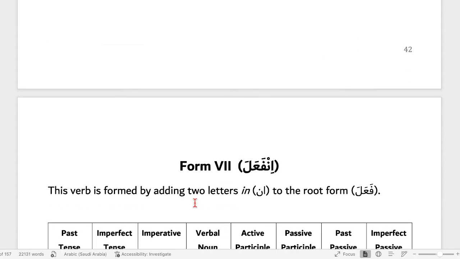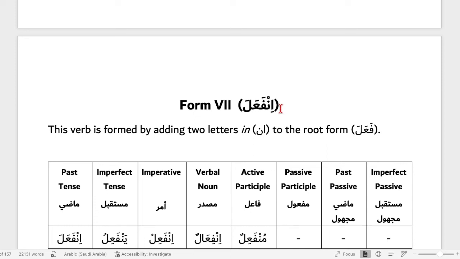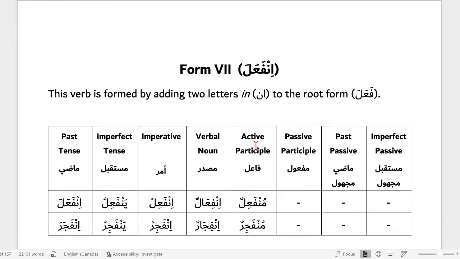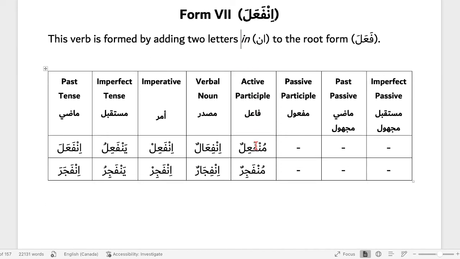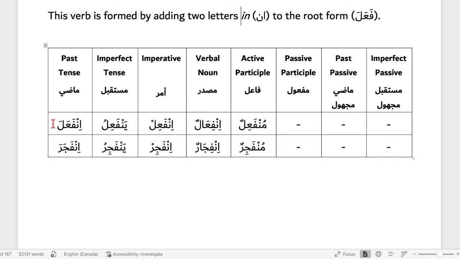The next one is form 7. In fa'ala, it is just alif and noon, in, added to the 3 root letters. This verb is formed by adding 2 letters, alif and noon, to the root form fa'ala. This is how this form is.